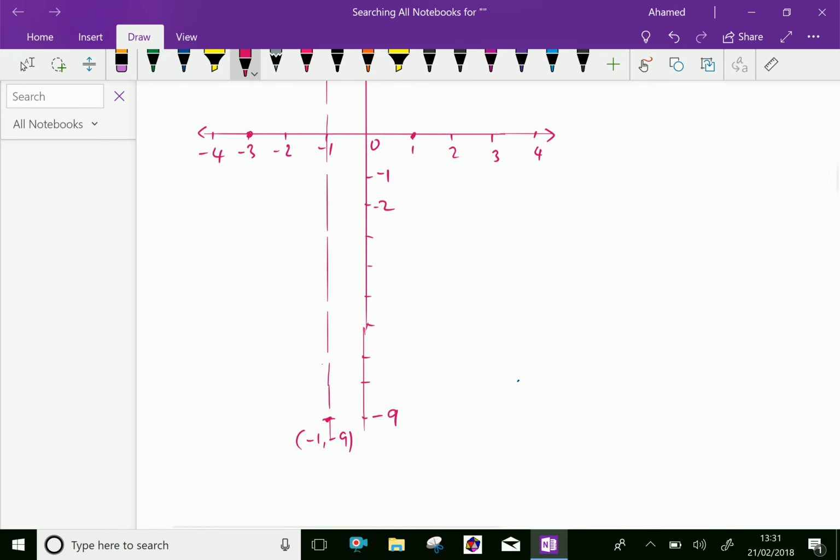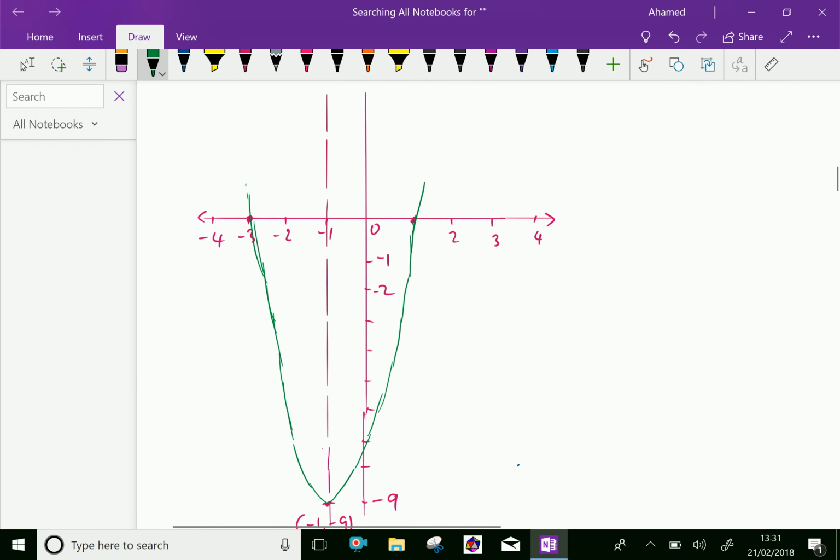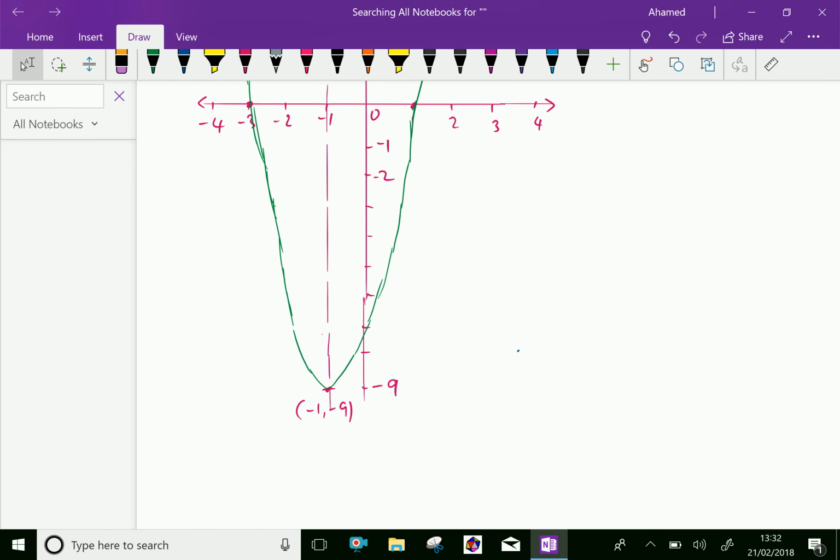Now we have to join a smooth curve joining this vertex to the point 1 and minus 3. It's approximately like this, our curve for approximation.